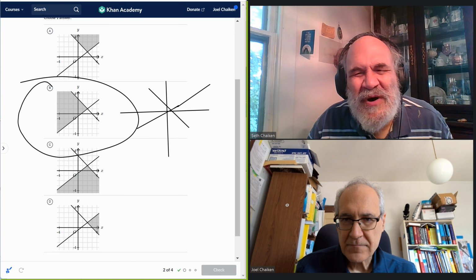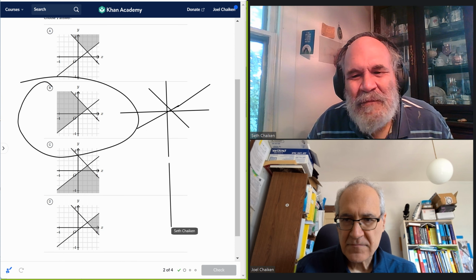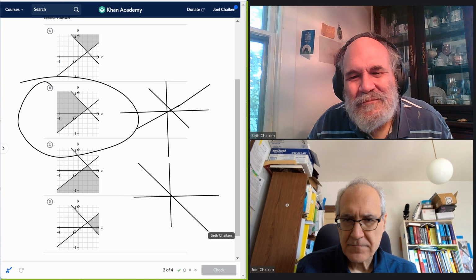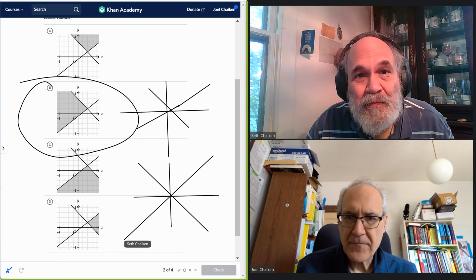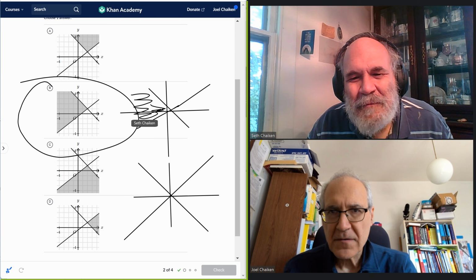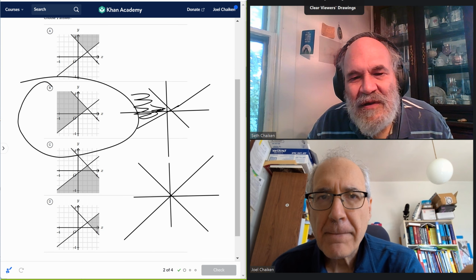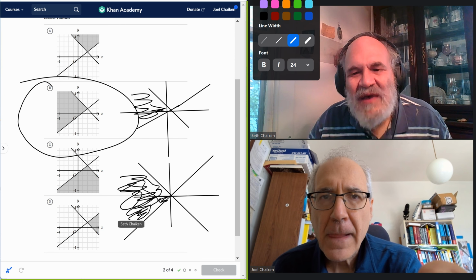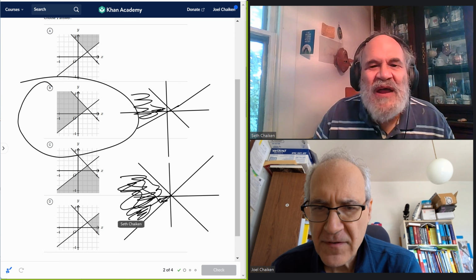The intersection point seems to move closer and closer to the origin. Move out even more, it looks like this, where the gray region is to the right.